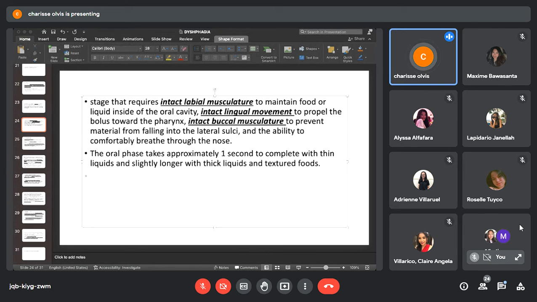It should not reach 10 seconds, just to transport the bolus up to the pharynx. If the food is really slow to reach the pharynx, then there might be a problem. That problem is called dysphagia already.